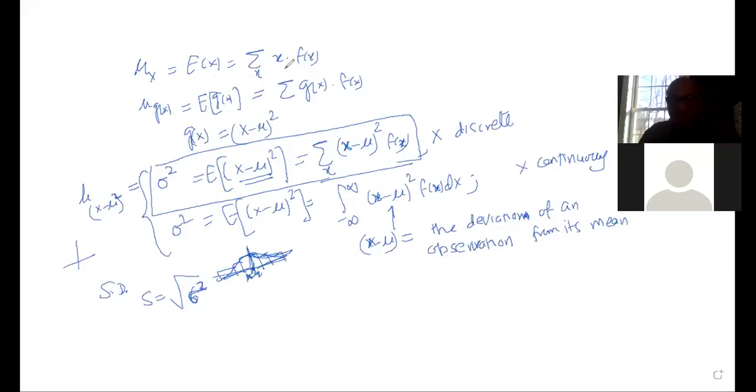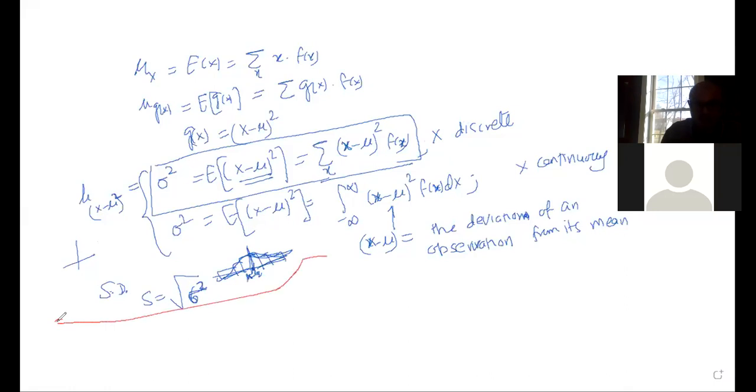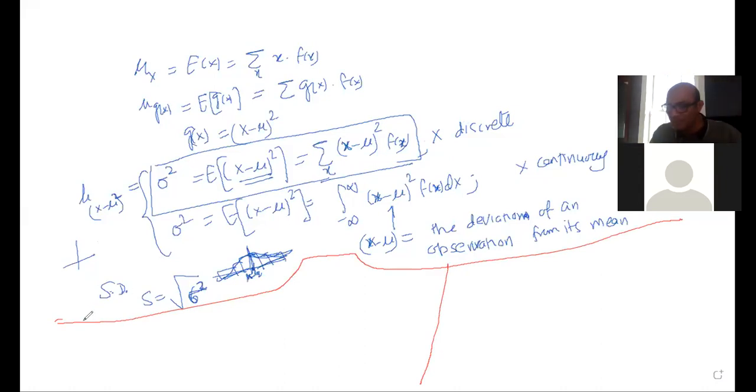Okay, guys. Let me divide this into two parts. My first example has a tabular form given to us.